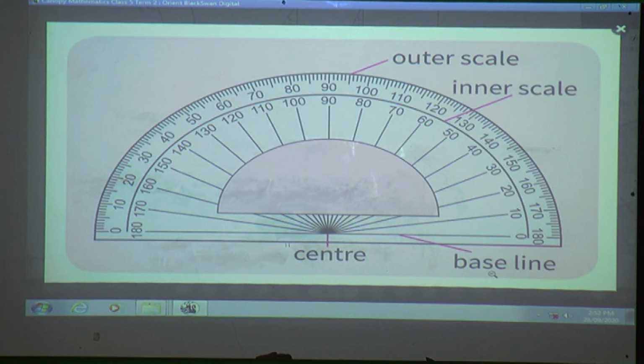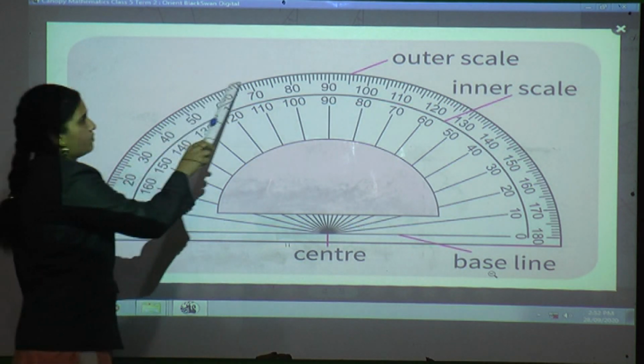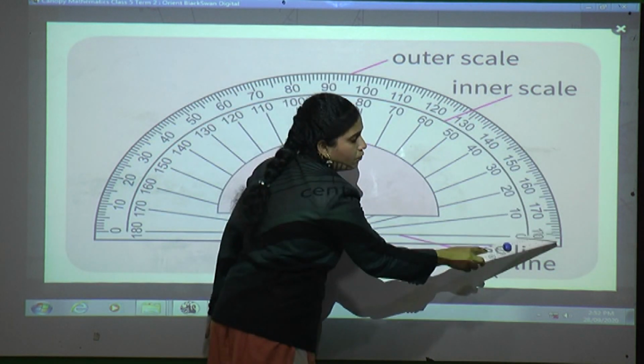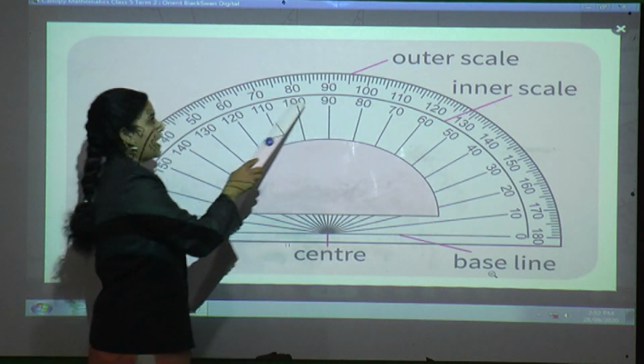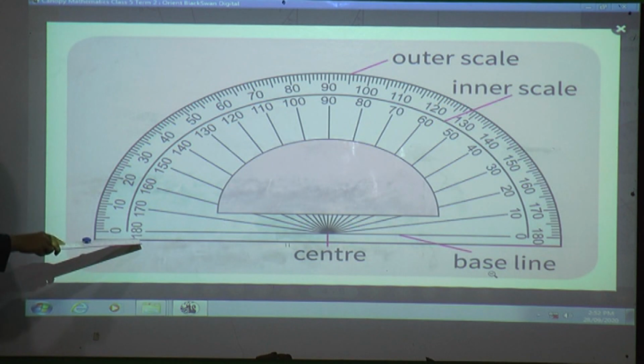Now the protractor has 2 scales on it, an inner scale and an outer scale of numbers beginning from 0 and going up to 180. The outer scale begins from 0 and ends with 180. Even the inner scale begins from 0 and ends with 180.